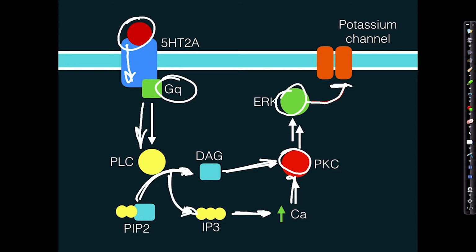And we showed how inactivation of these particular potassium channels leads to depolarization, the pushing of the membrane potential of the neuron towards the threshold potential, basically exciting the neuron, bringing it closer to the firing threshold.